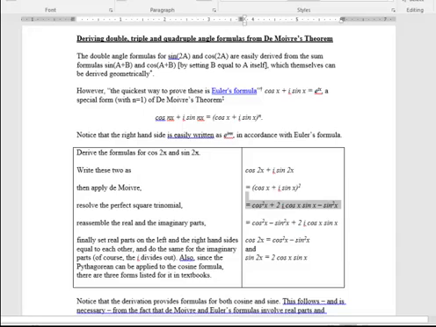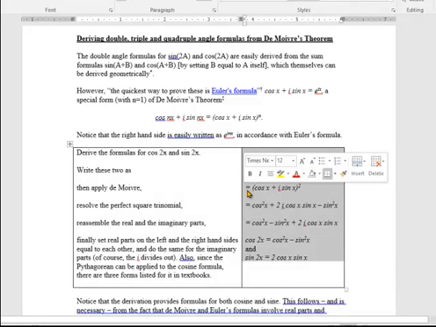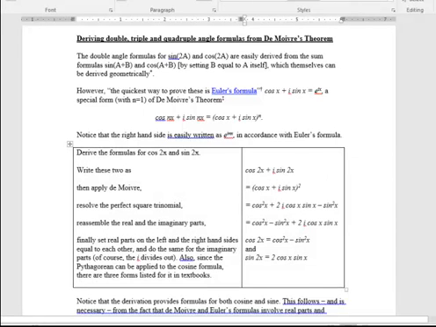By the way, this particular part we will use in a moment when we go to the triple angle formula. Then we rearrange these three terms that cannot be combined so that we have in the front the parts without imaginary parts, and in the back the one with the imaginary number. In the front we have cosine squared minus sine squared, which is not the Pythagorean theorem, okay? So they don't go away.